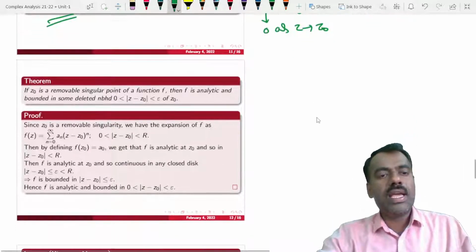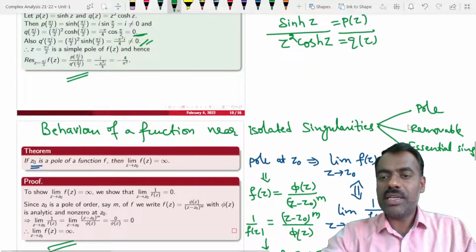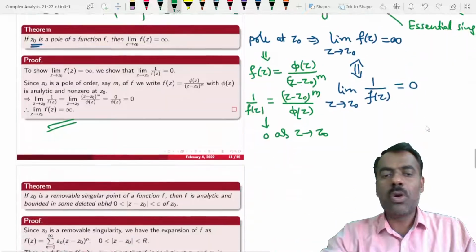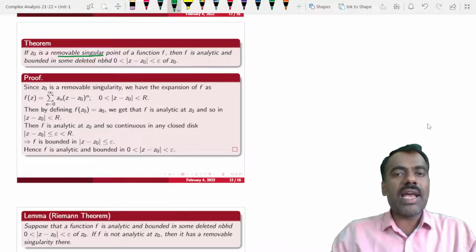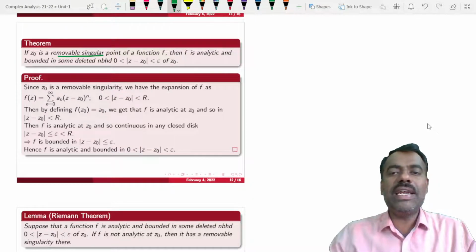Next, the second result is when our singularity is a removable singularity. If z naught is a removable singularity of the given function f, then f is analytic and bounded in some deleted neighborhood.